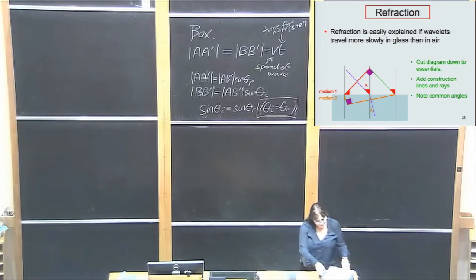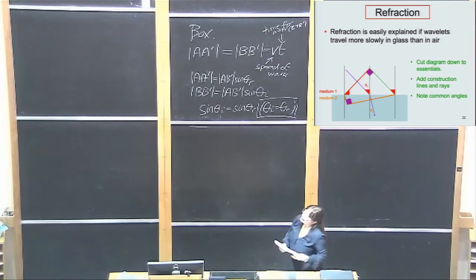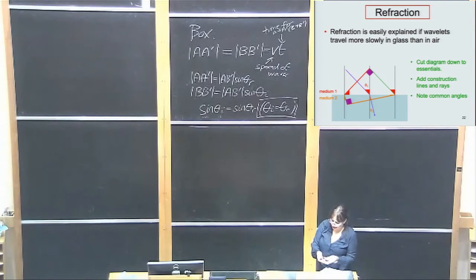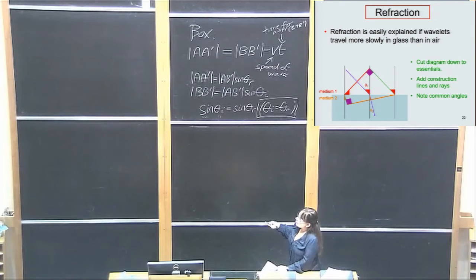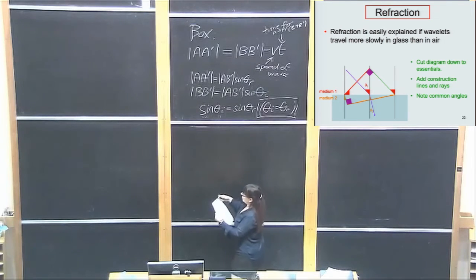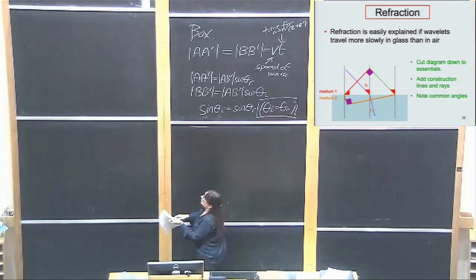Okay, so to repeat again, because this is really the key thing: the light ray takes the same amount of time to travel this length d1 as it does to travel d2. Remember, I said any point on the wavefront represents the same instant in time. And we also know that the light travels at different speeds in the different media.